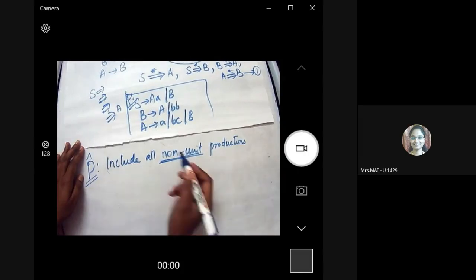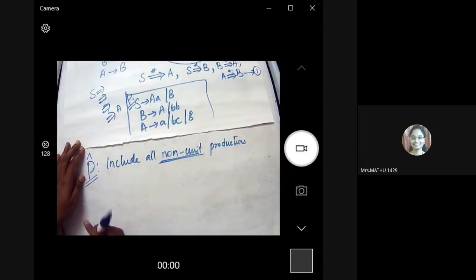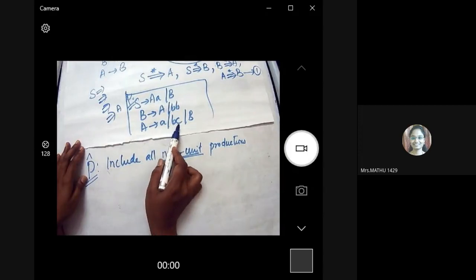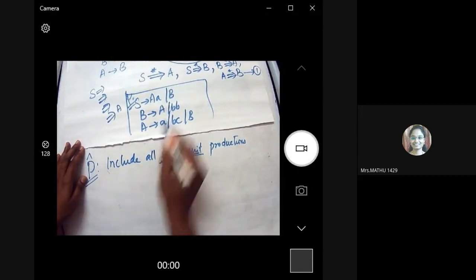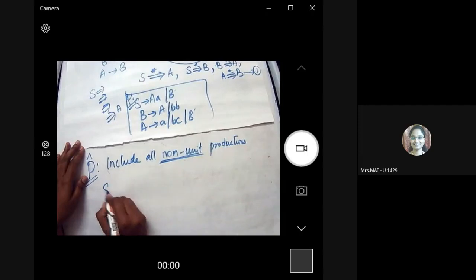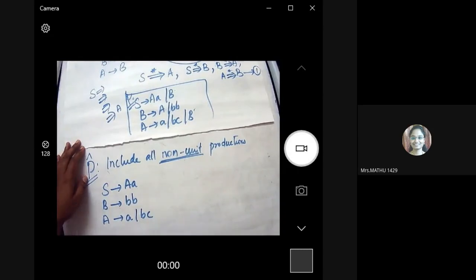What are the non-unit productions? S gives AA, and then B gives BB, and then A gives BC. These are all non-unit productions. The unit productions are S gives B, B gives A, and A gives B. So first include all the non-unit productions: S gives AA, B gives BB, and A gives BC.